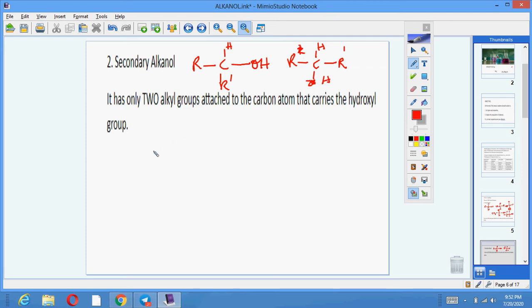An example is CH3, C, CH3 also, H and OH. We can see this alkyl group and another alkyl group. We can open this up.